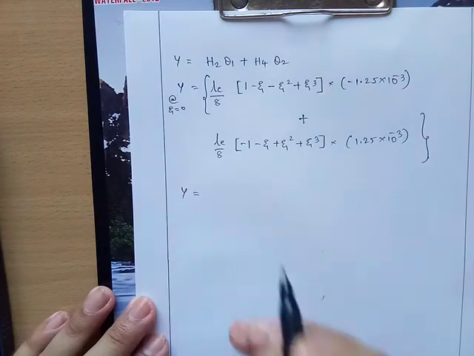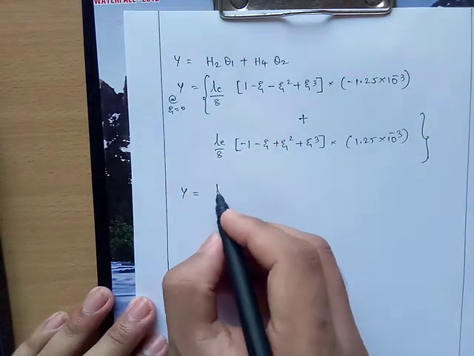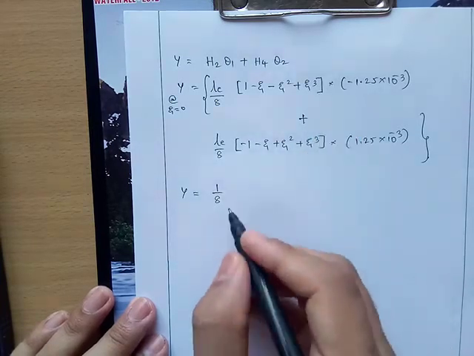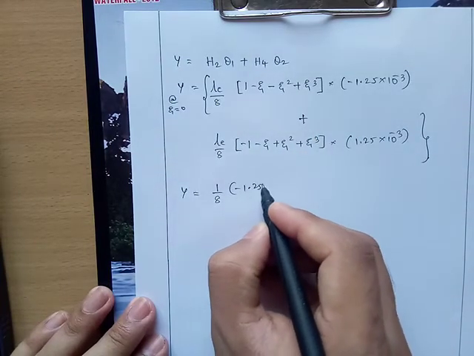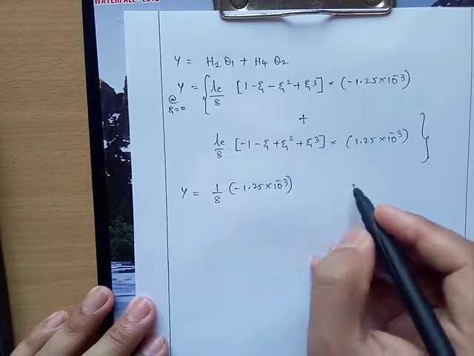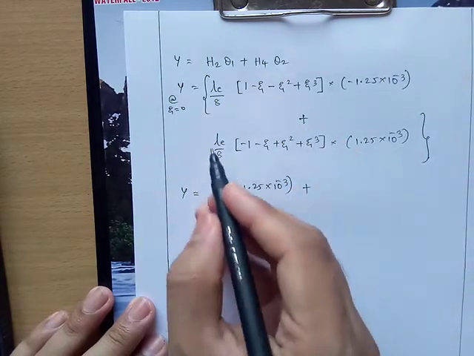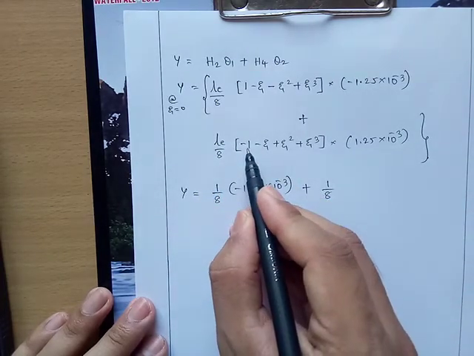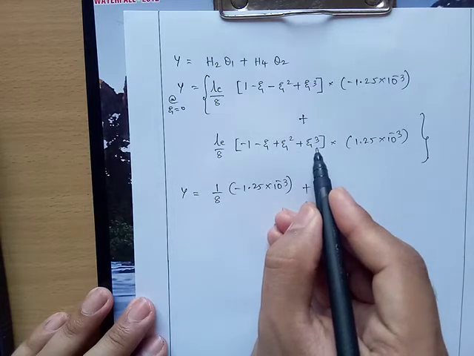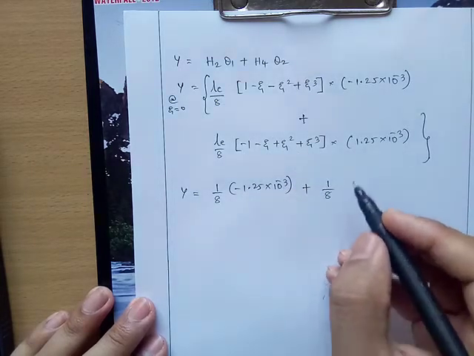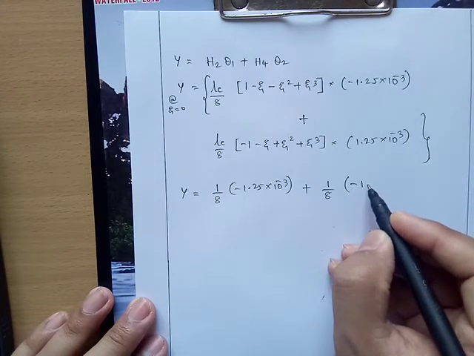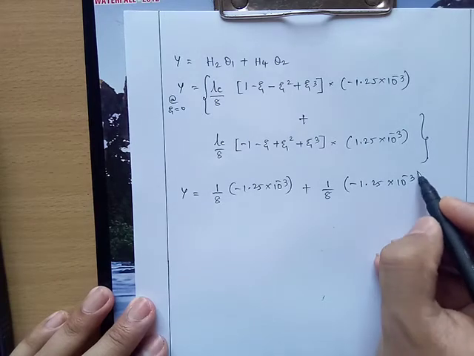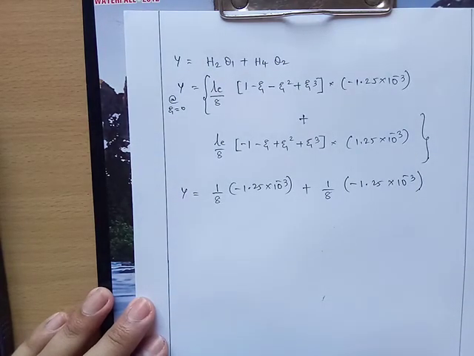Right, so if I do so, here I will be getting 1 by 8. So this is 0, 0 and 0 into minus 1.25 into 10 raised to minus 3, plus sign. Once again, length of the element is 1, so it is 1 by 8. Here you are getting minus 1. All other terms are 0, so this minus 1 multiplied by this, once again I will be getting minus 1.25 into 10 raised to minus 3.